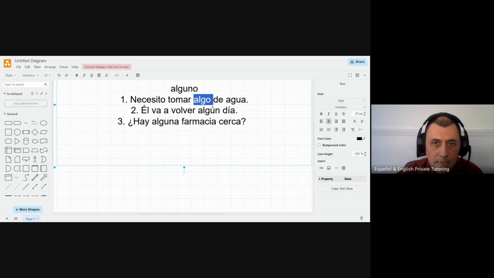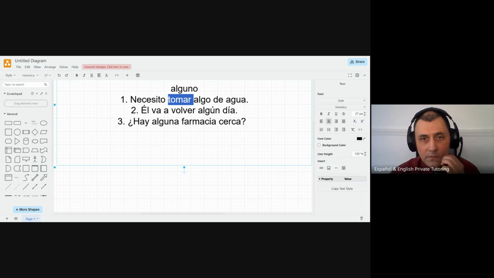In this case, it's an indefinite pronoun. This is the same in English. I need to take some water. I'm sorry, it's not a pronoun, it's an adverb. It's acting as an adverb. So algo is describing the verb. Adverbs describe verbs or adjectives. To drink some. This is the same in English, to drink some. Some is referring to the verb to drink.